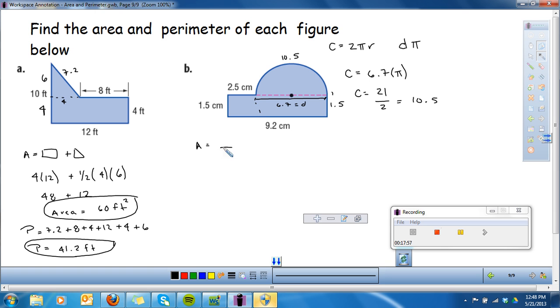Our area is going to be half our circle plus the rectangle. Okay, let's do our half circle first because that's a little bit harder. What is the formula for the area of a circle? Pi r squared. What is the area for a rectangle? Base times height.